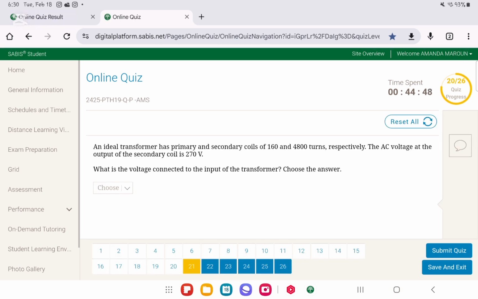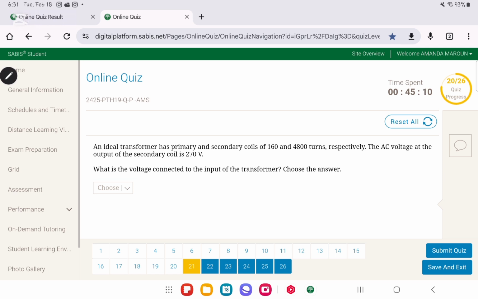An ideal transformer has primary and secondary coils of 160 and 4,800 turns respectively. Respectively means that this one is for primary, this one is for secondary. The AC voltage at the output of the secondary coil is 270 volts. They need us to find the voltage of the input.